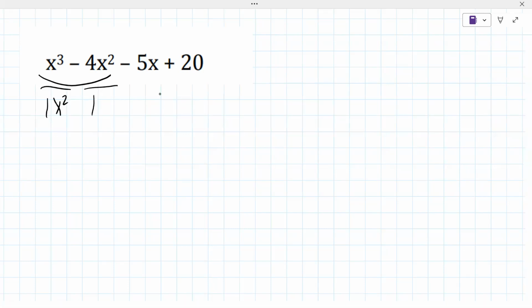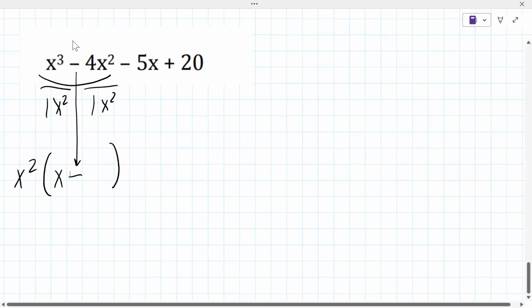So you're going to divide both by x squared. So what goes in parentheses? x minus 4.